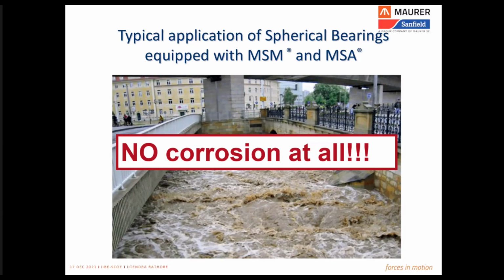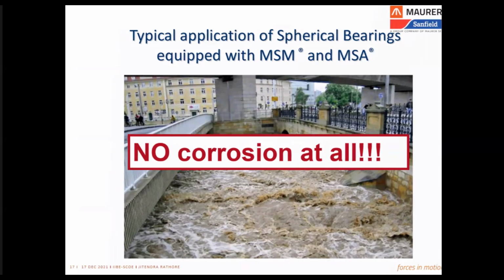And you can imagine when the flood comes, it has everything inside mixed with the water, and that water could be the highest accelerating agent for corrosion. And if we have such applications, we can definitely consider the use of stainless steel bearings or bearings made of aluminum alloy.